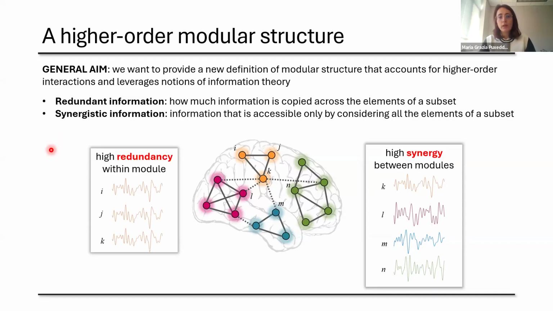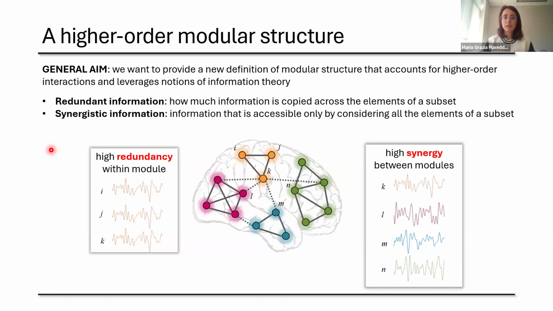And on the other hand, we want to have high synergy between modules. So when we integrate the information from nodes belonging to different communities, then we have access to a new type of information that we cannot reconduce to either of the modules when we're picking the brain activity. So this is the new definition of modular structure that we suggest.